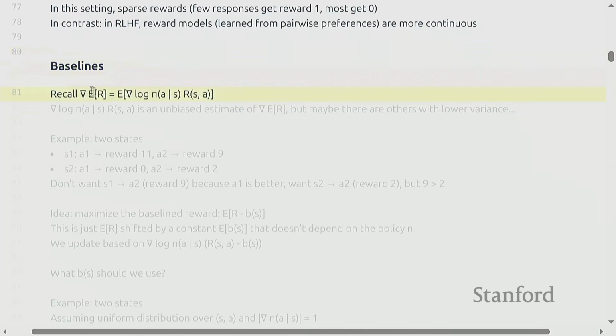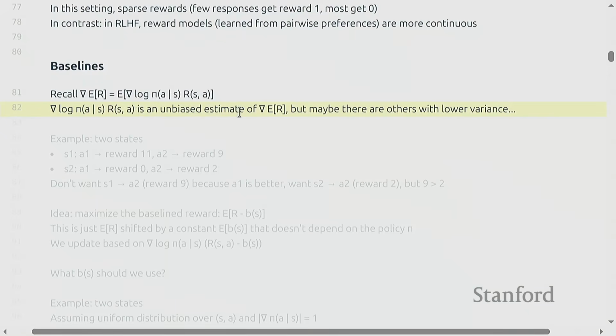Recall that this is the expected reward. If you could actually compute this expected reward, you'd be pretty good, because then you could just compute that. But you can't, so you instead use an unbiased estimate, which usually means ripping off the expectation, sampling an S and an A, and ripping off the expectation.